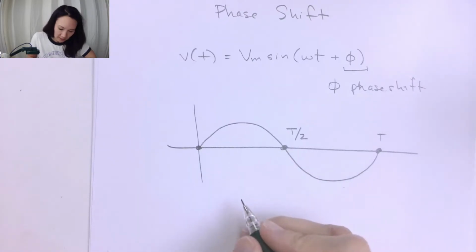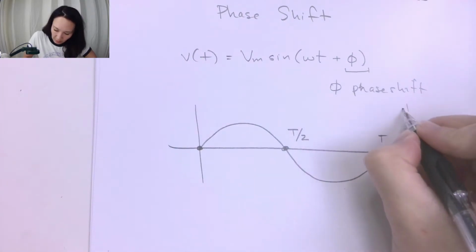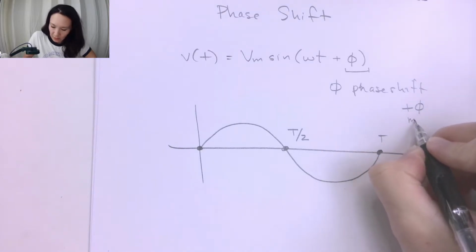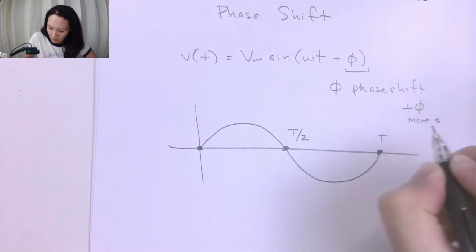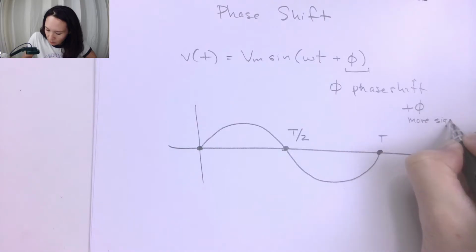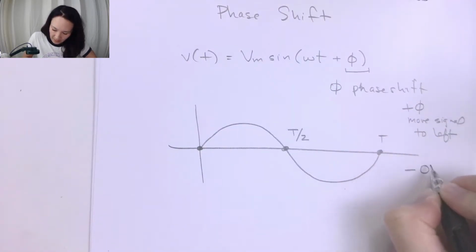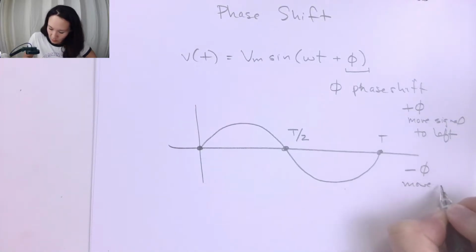So the way it works is if you have a plus phi, that's going to correspond to moving the signal graph shape to the left. If you have a minus phi, then you're going to move the signal graph shape to the right.